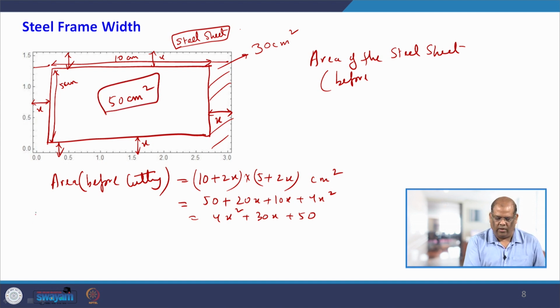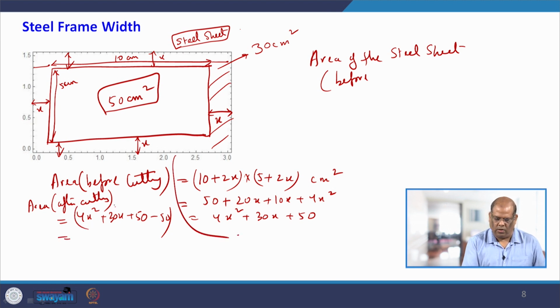So, area after cutting, which is 4x square plus 30x plus 50 minus 50. So, you are left with 4x square plus 30x.